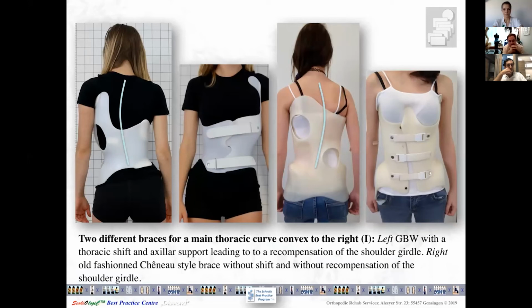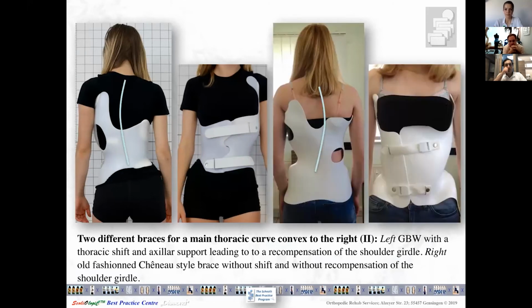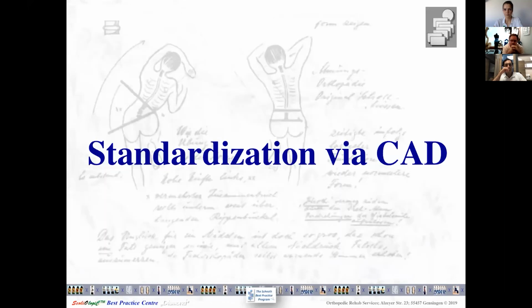On the left picture, you can see good shifting, good overcorrection and good shoulder girdle recompensation. Another example, again a single thoracic curve, but on the right picture we cannot see any shifting or any correction effect. So it seems all our interventions should be standardized via a CAD system, computer-aided design.